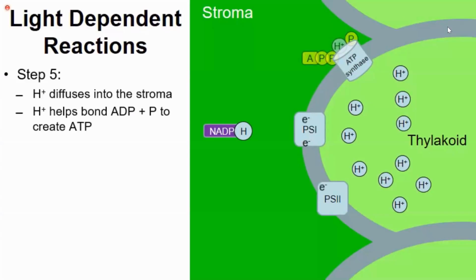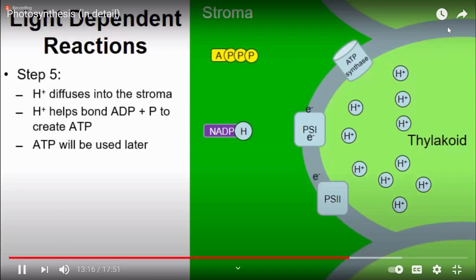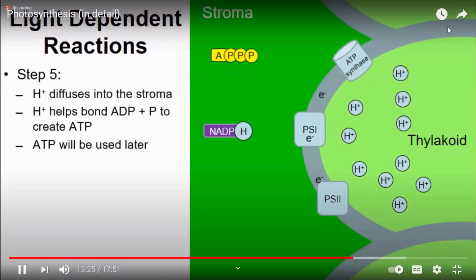And when that happens, they bond to make a molecule of ATP. And so this ATP, along with the NADPH, are really the most important things that are created during the light-dependent reactions. We're going to see what's so important about them in just a little bit.